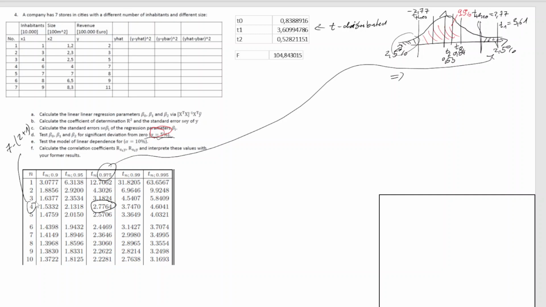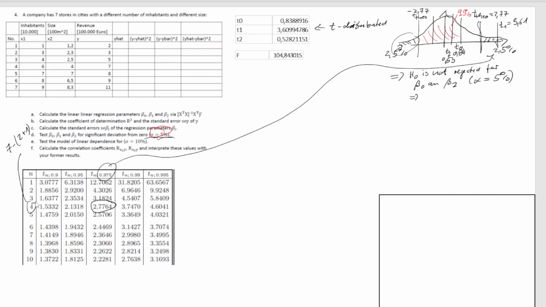So this means H0 is not rejected for beta 0 and beta 2, alpha equals 5%.